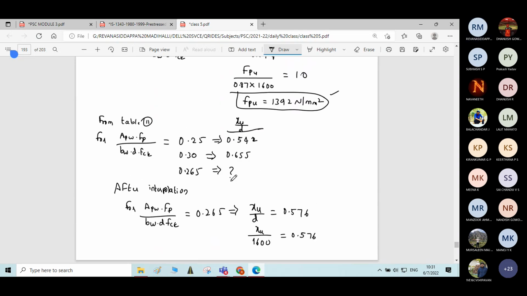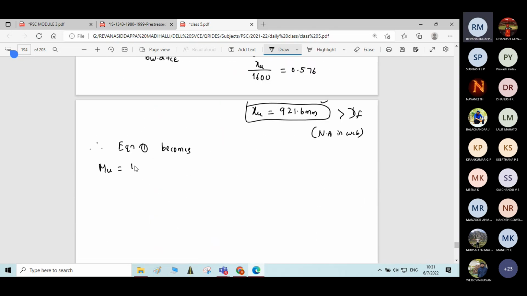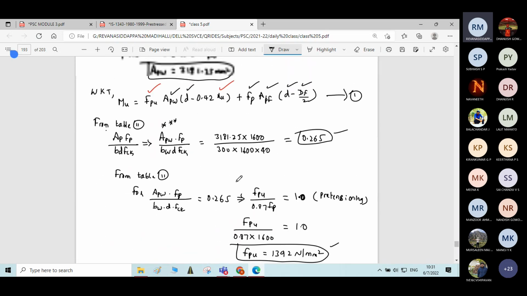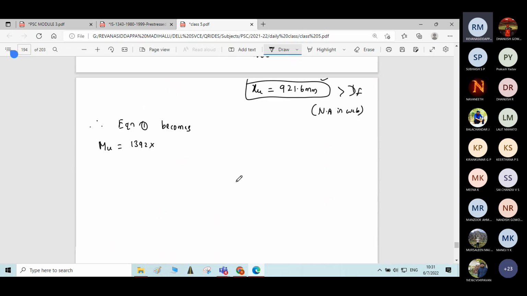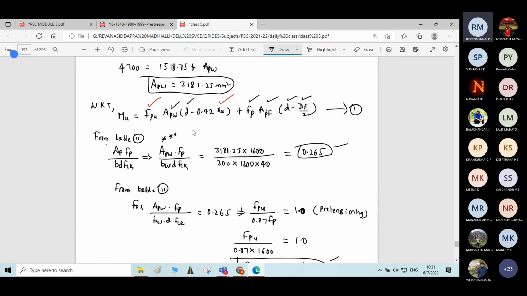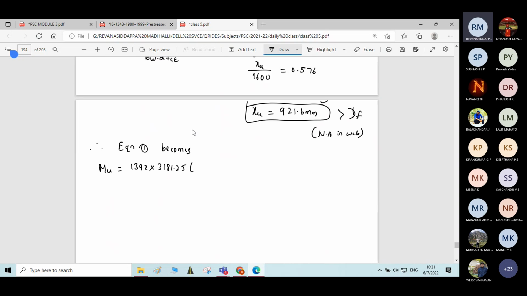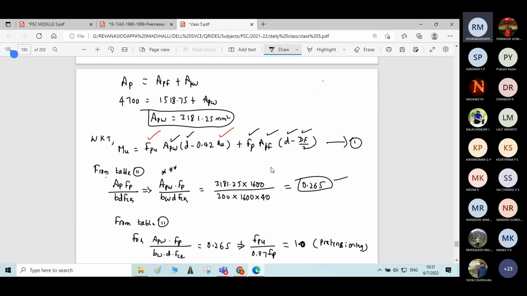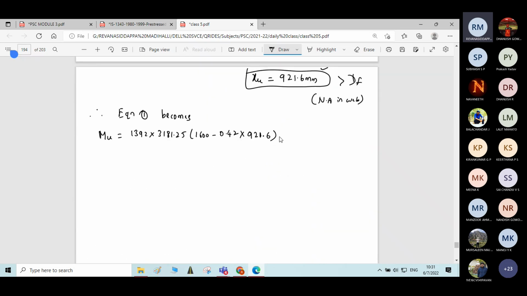FPU value is 1392, into APW value, which is 3181.25, into D minus 0.42 XU. D, the effective depth, is 1600, and XU is 921.6. D minus 0.42 XU plus FP into APF.